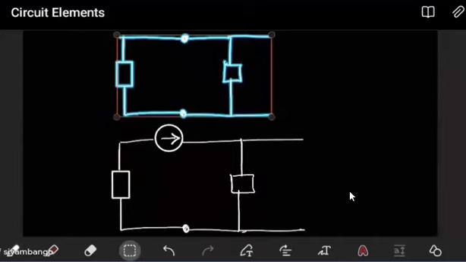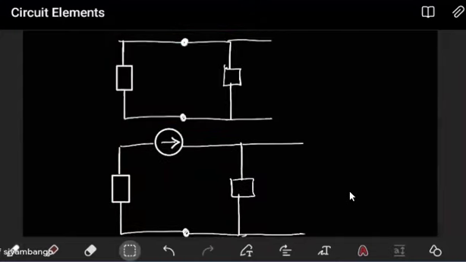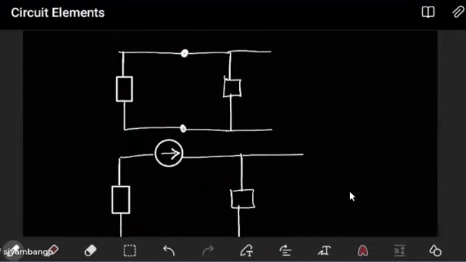So look at the two circuits. When you look at these two circuit elements, these two here, these are in parallel. Why? Because they connect to the same two nodes. And let's show the nodes. This line can be seen as just one node.